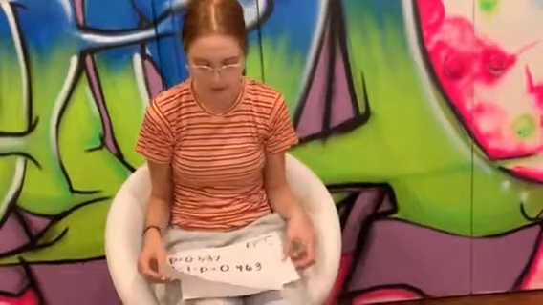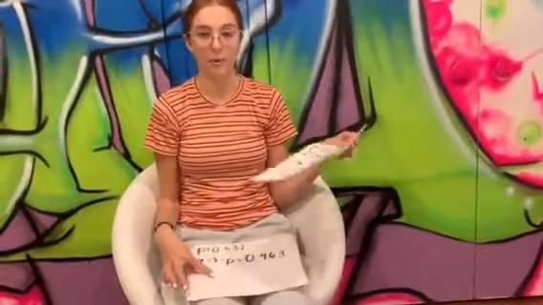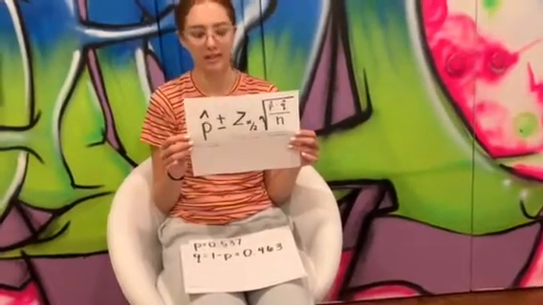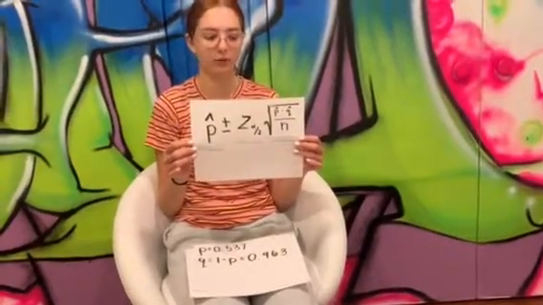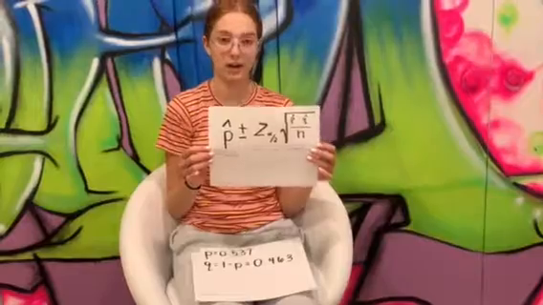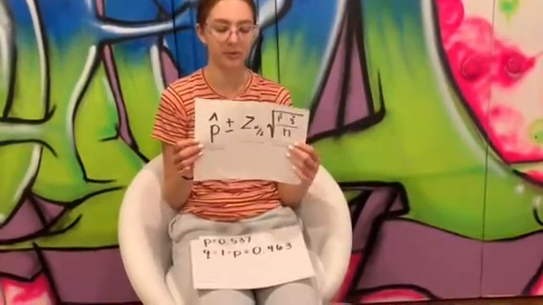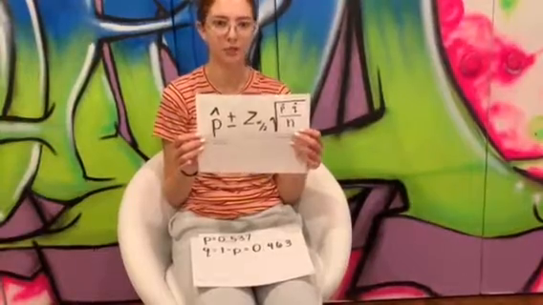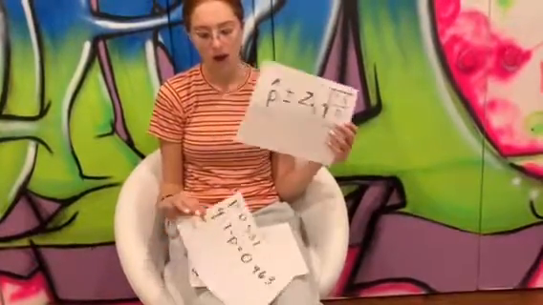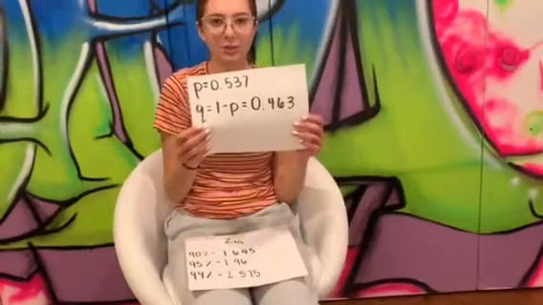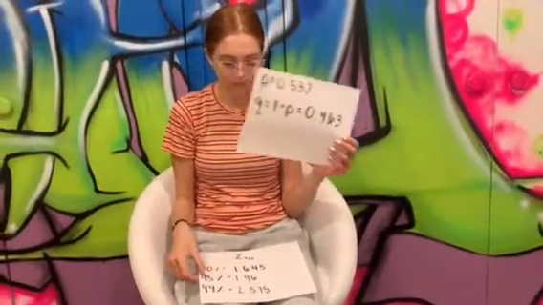So the formula for a confidence interval with a proportion looks like this, which is the point estimate plus or minus z sub alpha over 2, which is the critical value, times the standard error. Now, the way you calculate standard error for a proportion confidence interval is the square root of p hat times q hat over n, where our p equals 0.537 and our q equals 0.463.